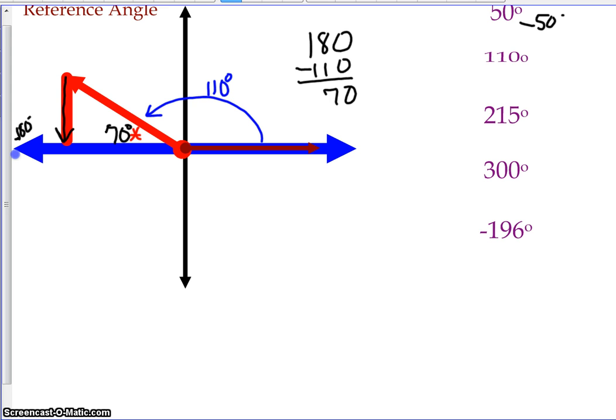That's my reference angle in the second quadrant. So the reference angle here is 70 degrees. So we're always going to find an angle that's between 0 and 90 degrees. It's never going to be more than an acute angle. It's always going to be acute. So that's what we're always looking for: how can we get that reference to something that's between 0 and 90 degrees.